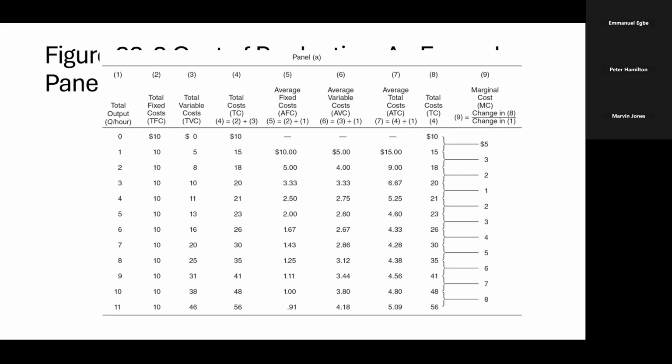So essentially, we're going to be combining both cost and productivity to discuss the behavior of firms and managers. But you can see here that total cost goes up 10, 15, 18, 20, 21, it goes up to 56. And then the average cost is declining.